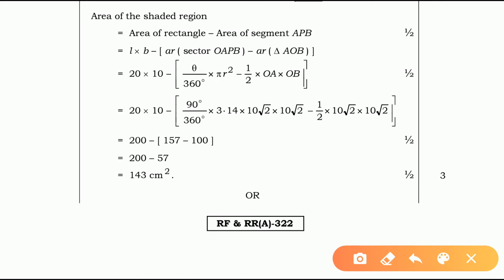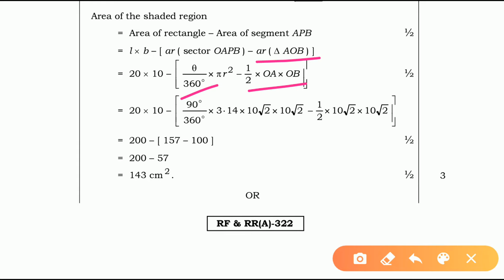Area of the shaded region is equal to area of rectangle ABCD minus area of segment APB. Area of a rectangle is equal to L into B. Area of segment is area of sector OAPB minus area of triangle AOB. Substituting the values, and since AOB is a right angle triangle, area of triangle is 1 by 2 into base into height, OA into OB.